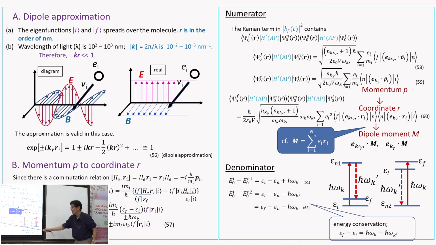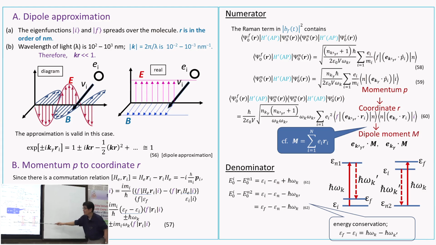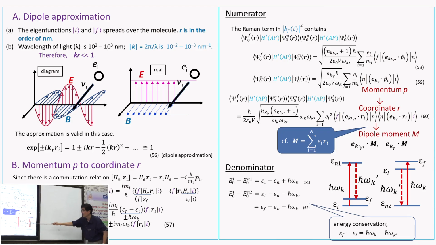On the other hand, E I minus E N2 corresponds to small e i minus small e n2 minus h bar omega k. And considering the energy conservation, the energy difference between the final and initial state is the energy difference between the incident beam and scattered beam. So by considering this relationship, we can rewrite this term like this.